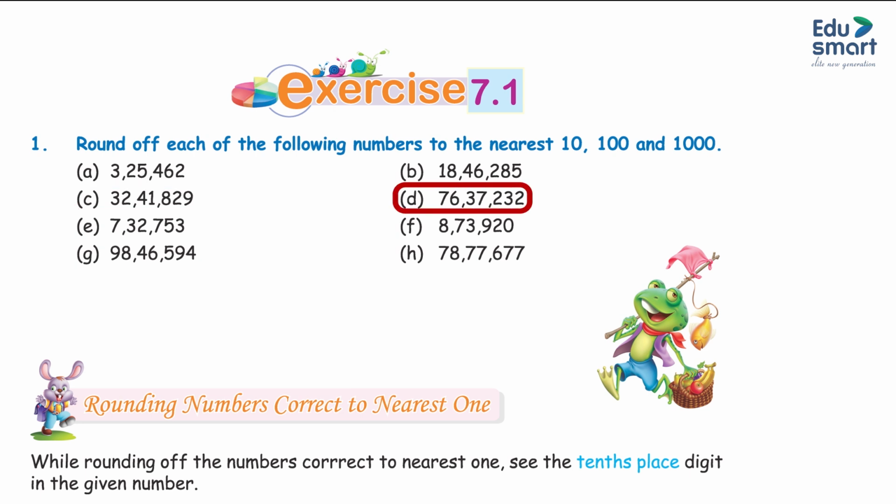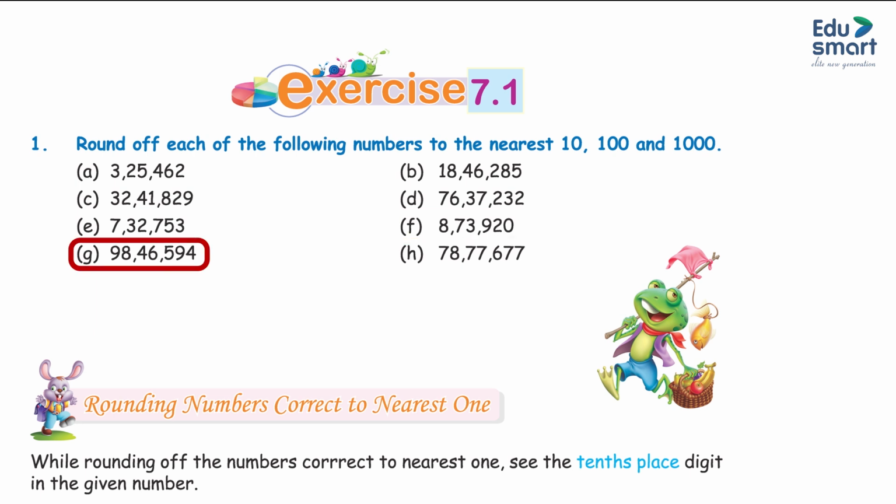D. 7637232: 7637230, 7637200, 7637000. E. 732753: 732750, 732800, 733000. F. 873920: 873920, 873900, 874000.